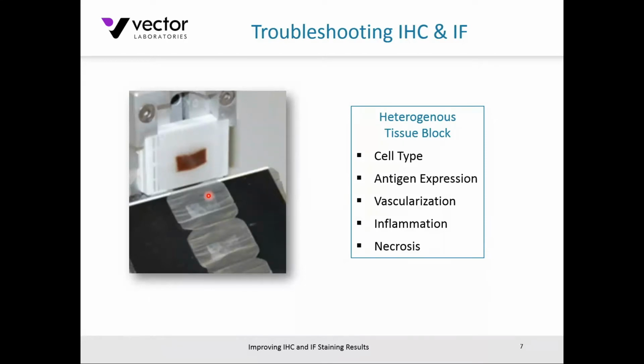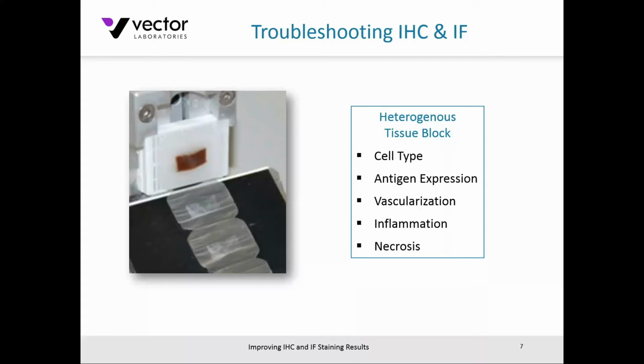What I've got in this example is that as you're cutting into a block and cutting off these sections in a nice ribbon, you might be getting further into a tissue block where there may be different cell types, different cell components, different tissue components, maybe more Fc receptors, charged particles, macromolecules that could be contributing to background.